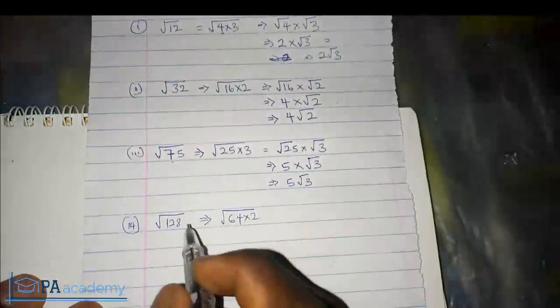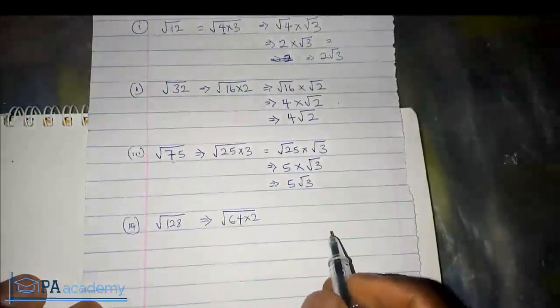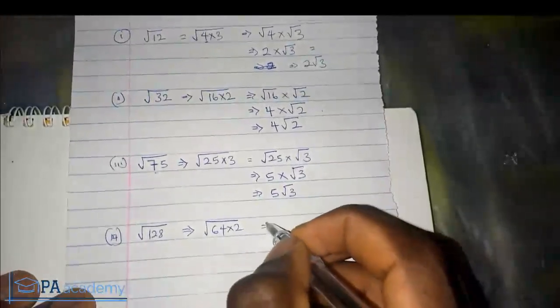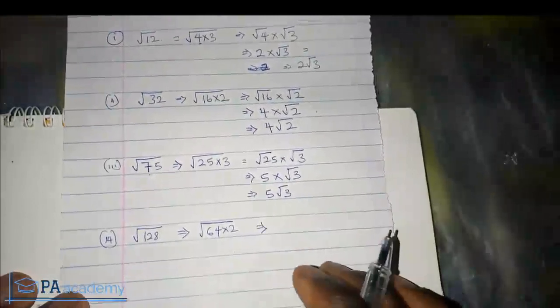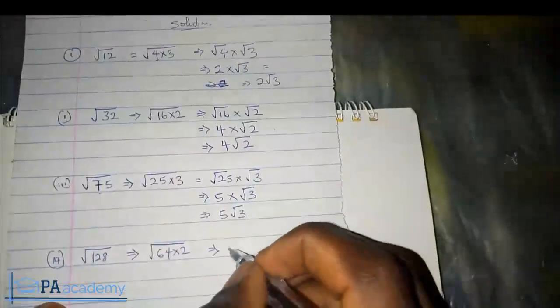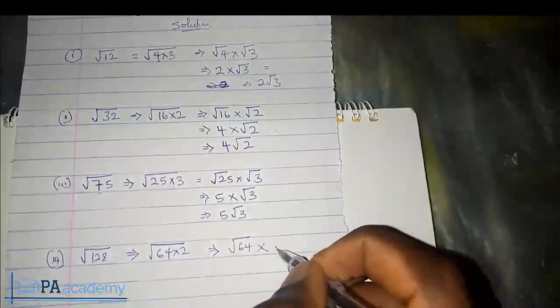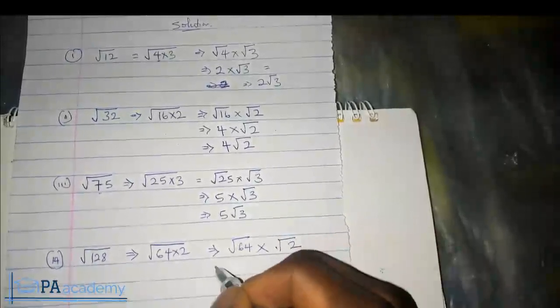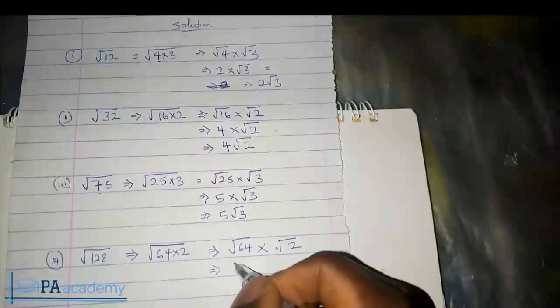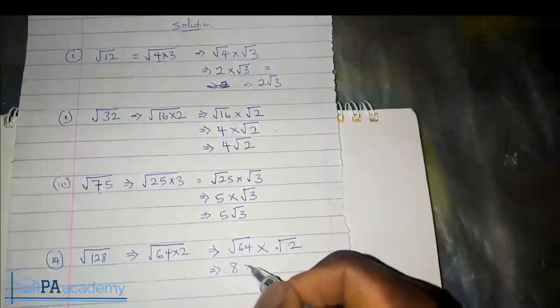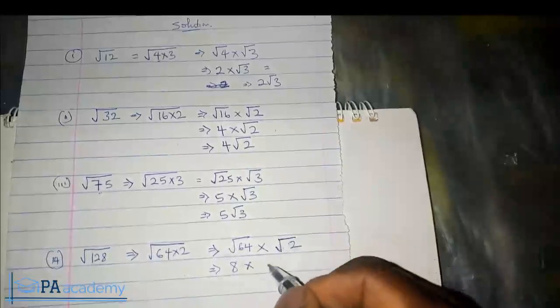If we put this apart, you have the square root of 64 times the square root of 2. Now the square root of 64 is 8, times the square root of 2.